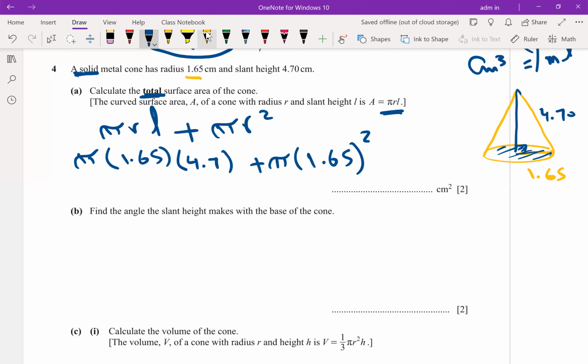Is it written, write your answer in terms of pi? No, it's not. Write your answer to at least 3 significant figures. Give me your answer, please. 32.9. 32.9.